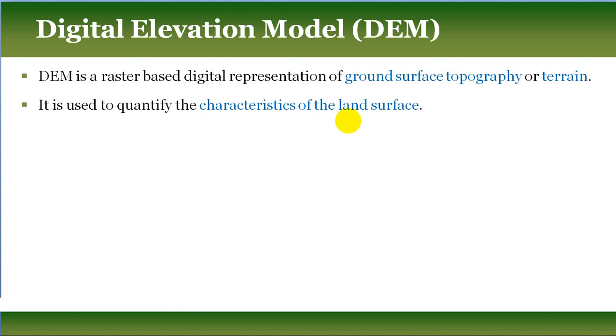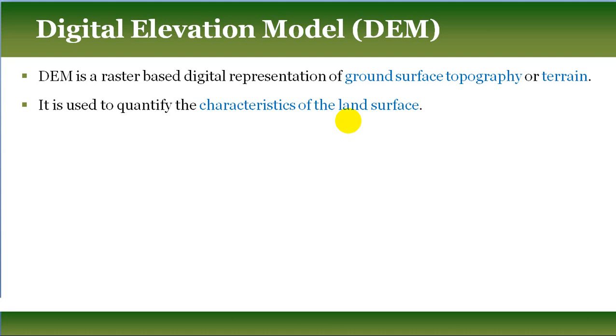It is used to quantify the characteristics of the land surface. So if you have DEM raster data, it is used to quantify the characteristics of the land surface. Which type of characteristics? Whether there is a high elevation, a moderate elevation or a low elevation, that you can understand.